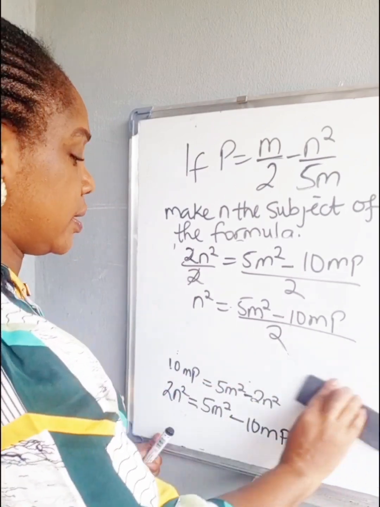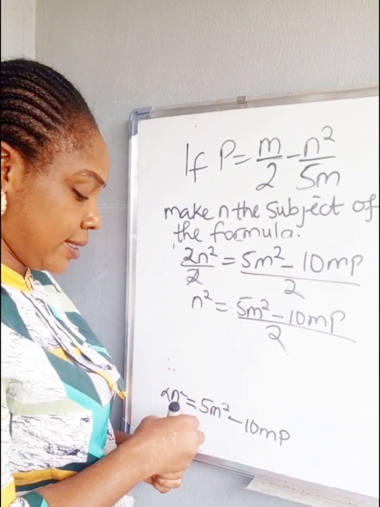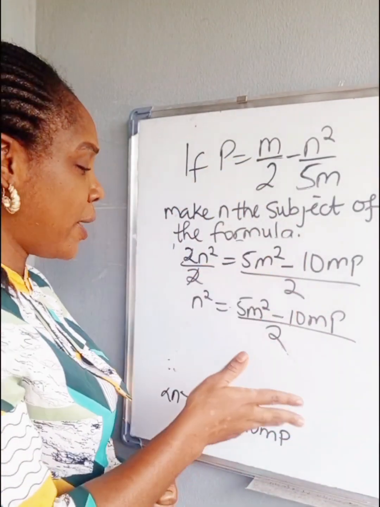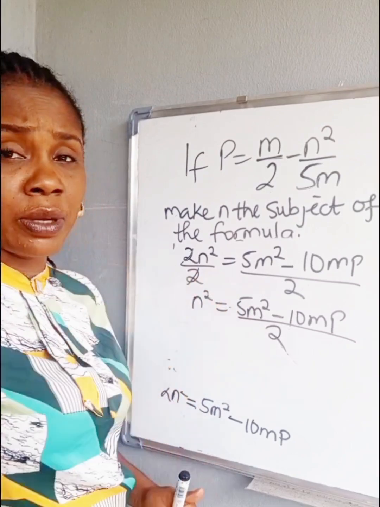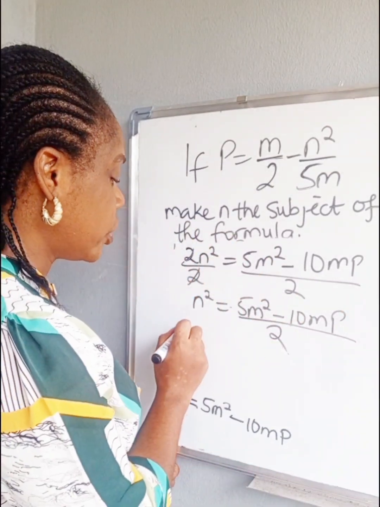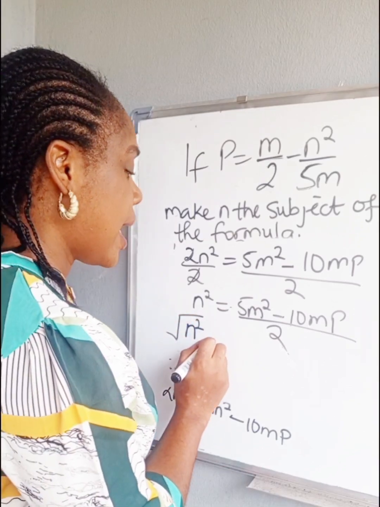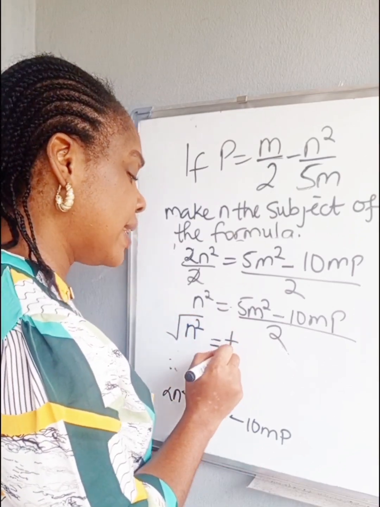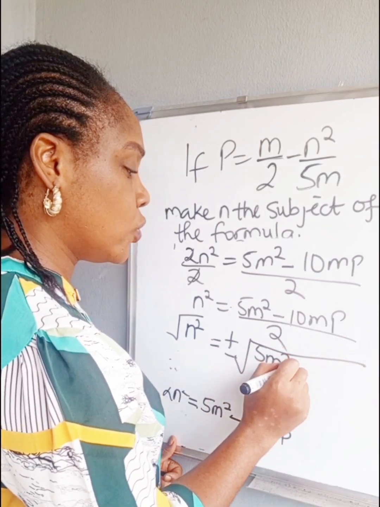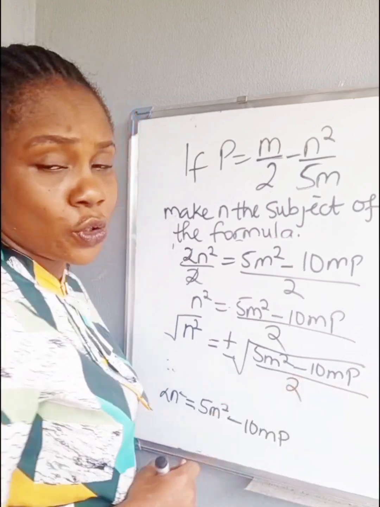Now we have this. So we can go ahead to say that we take the square root of both sides. Okay? In order to get rid of this exponent here, we need to take the square root of both sides. So this is now going to be n raised to the power of 2, we take the square root, and then the positive and negative square root of 5mn minus 10np all over 2.